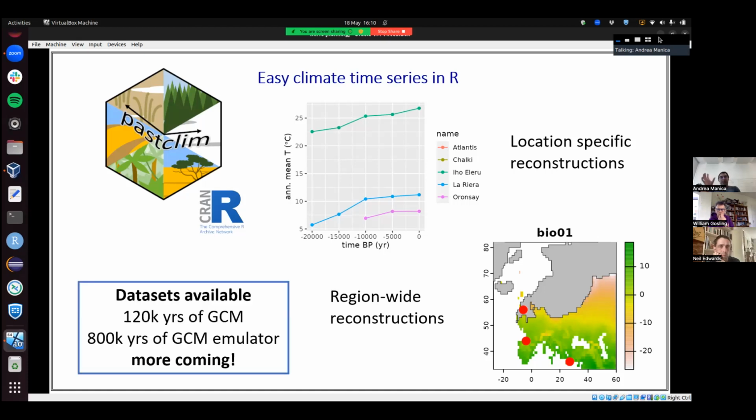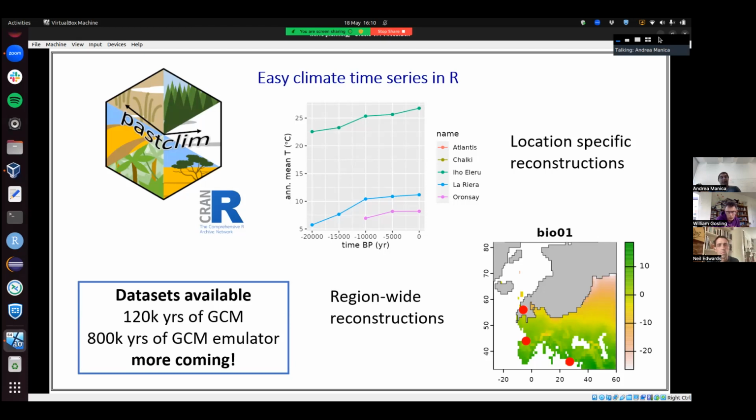So at the moment, there are 2 sets of data which are available in pastclim. They are the data that we have generated the last few years and made publicly available for this kind of ecological work. I'm going to discuss those in a second. There are more data sets coming. We have been discussing a bit with other data producers for this kind of reconstructions of climate through time.